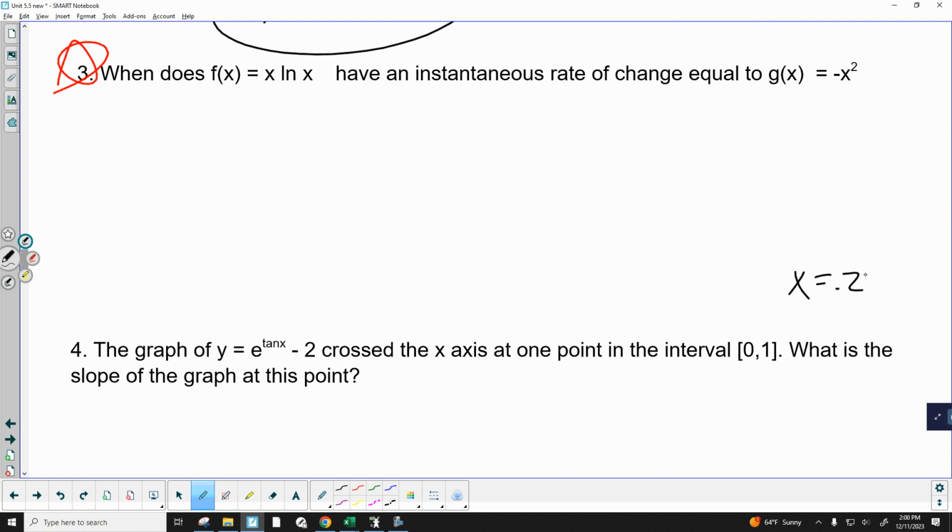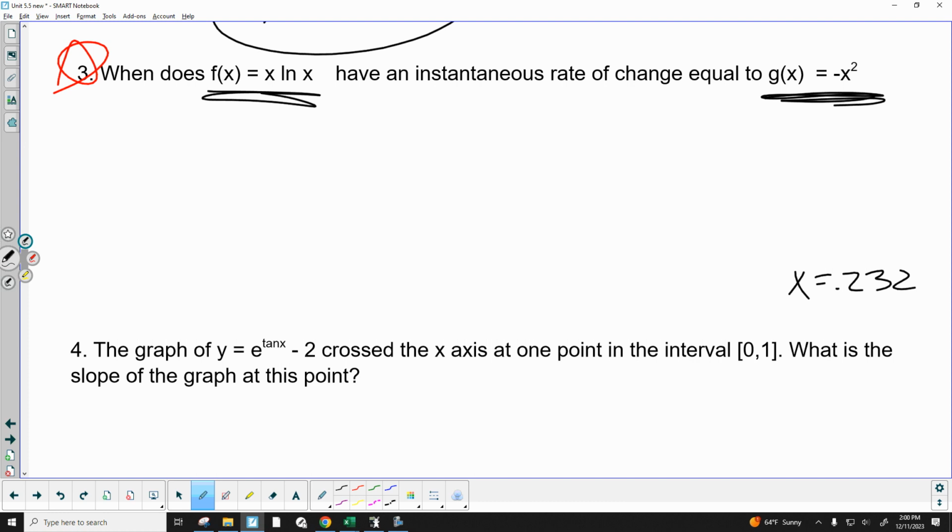So, gentlemen, what we were talking about is, even though we have our calculator, it's really our calculus that's going to give us our setup. And most of the time, all the calculator is going to do is just help us solve equations that we have to set up. So if I ask you, when does this function have an instantaneous rate of change equal to that function? First of all, you think to yourself, what does instantaneous rate of change mean?